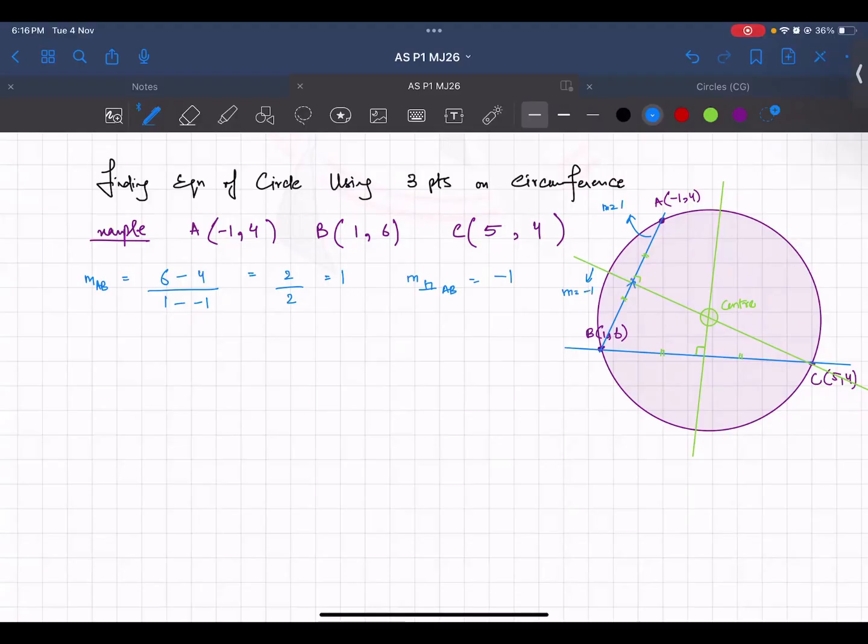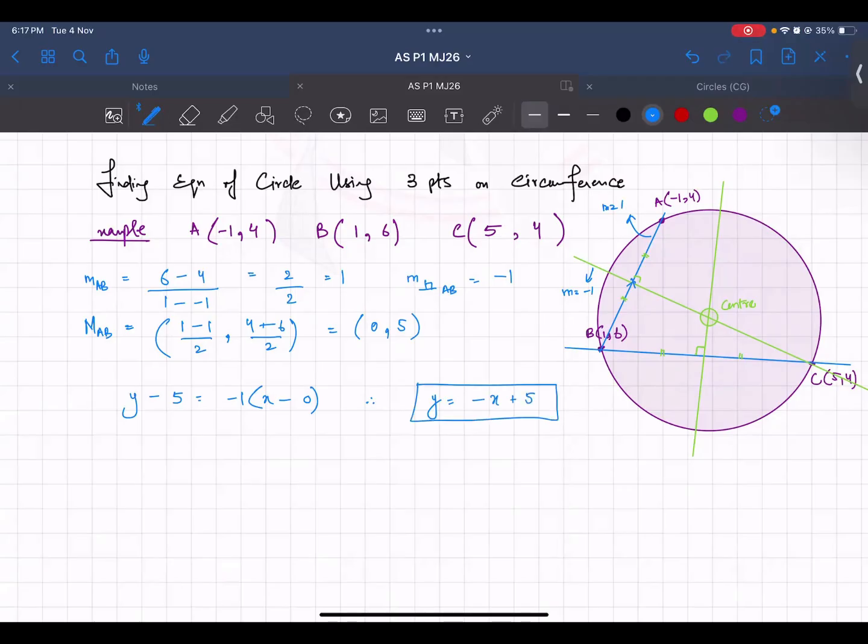Then the perpendicular bisector passes through the midpoint of AB. The midpoint of AB is the sum of x and the sum of y, halved, so this is (0, 5). So y minus y1 equals m(x minus x1). So the perpendicular bisector of AB is y = minus x plus 5. We have found the equation of this green line.